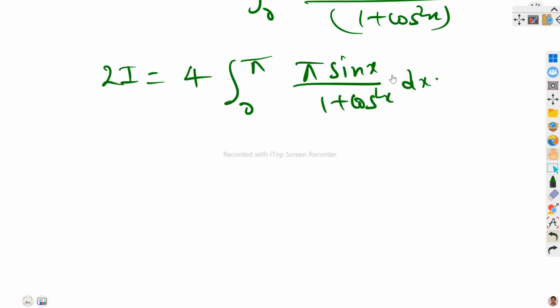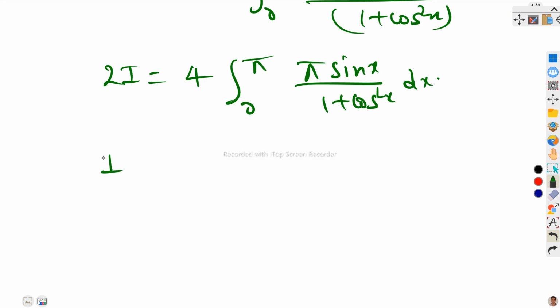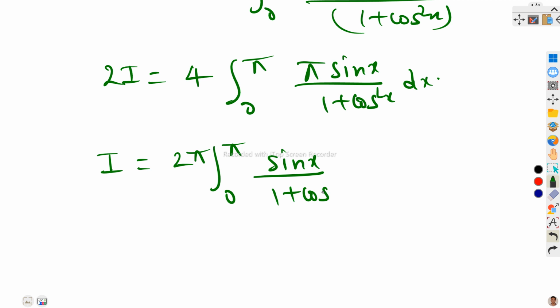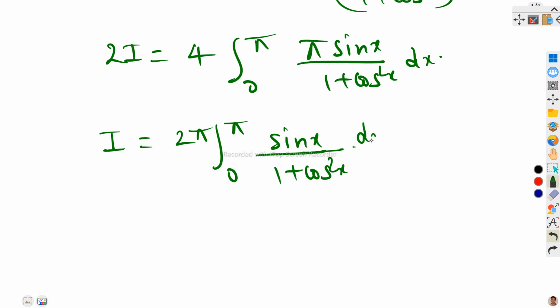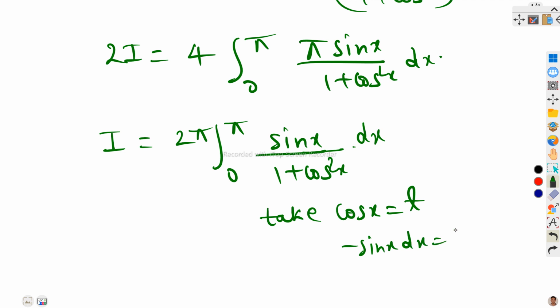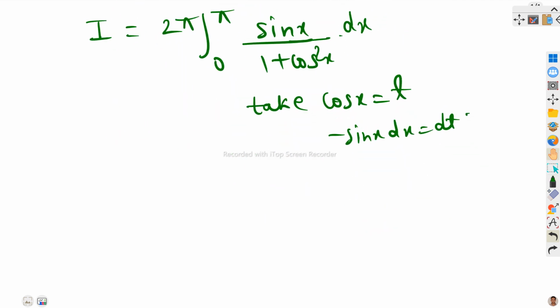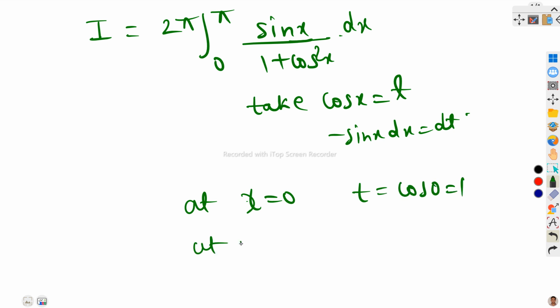Again we can write this integral with the 2 cancelled, so I equals 2 pi times integral from 0 to pi of sin x upon 1 plus cos square x dx. Now put cos x equals t, so minus sin x dx equals dt. At the limits, at x equals 0, t equals cos 0, which is 1, and at x equals pi, t equals cos pi, which is minus 1.